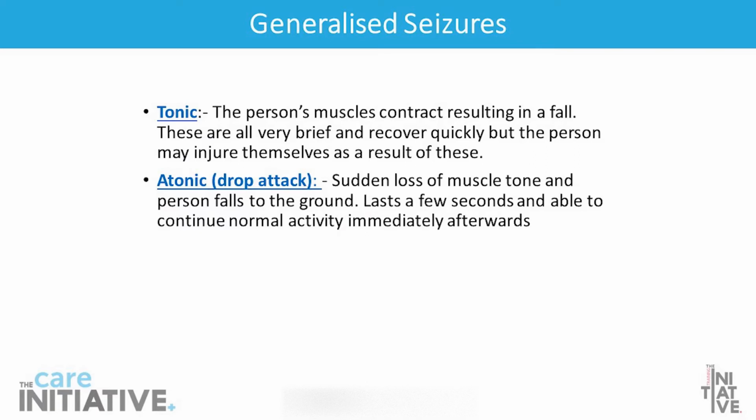Atonic seizures, which we sometimes call drop attacks, are the polar opposite of a tonic seizure, in that during atonic seizures, an individual's muscles relax and go floppy. This again is likely to cause the individual to fall, only this time it's more common that they fall forwards. As I said, both types of seizure tend to be brief, and people will usually recover very quickly. However, we must be prepared for secondary injuries that may have been caused by the fall.